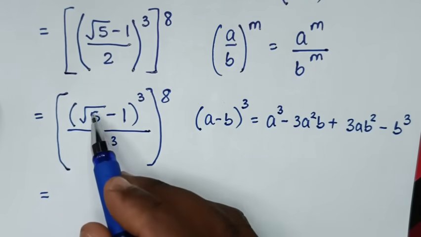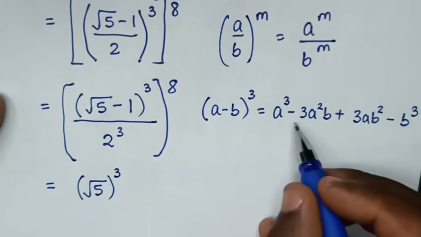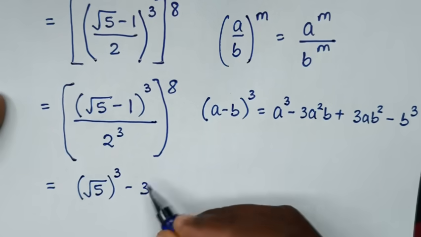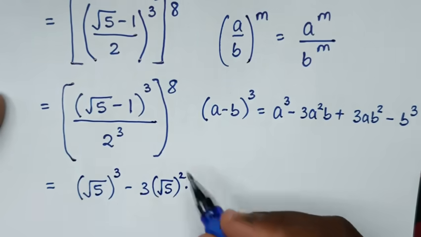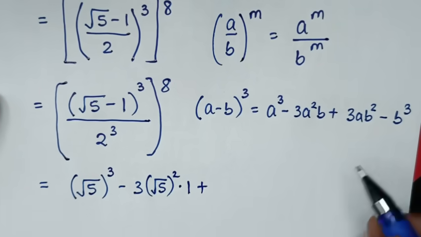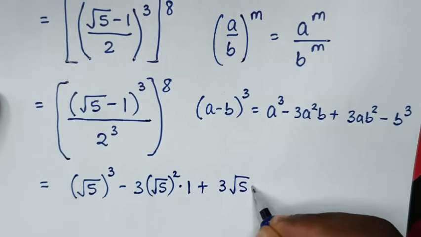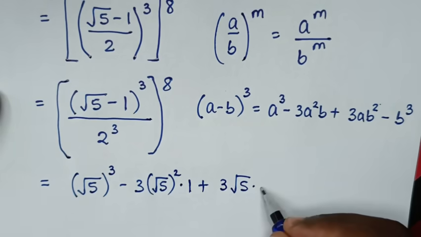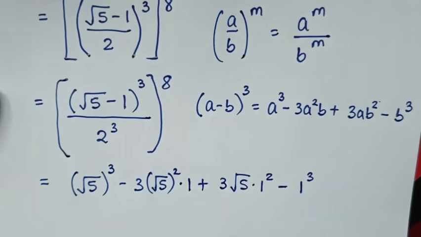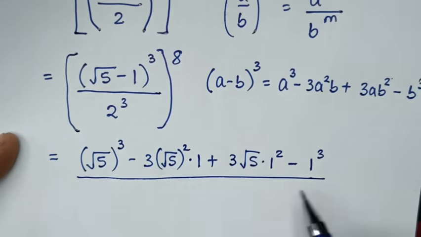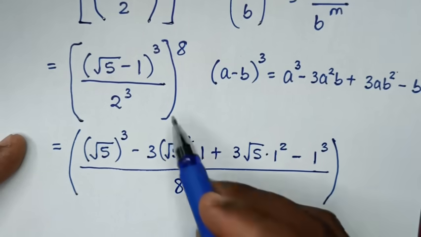So a power of 3 will be square root of 5 bracket power of 3, then minus 3a square, so square root of 5 bracket square, then times b is 1, so times 1, then plus 3a, it is square root of 5, then times b square, which is 1 square, which is 1, then minus b power of 3, which is 1 power of 3, then over 2 power of 3, it is 8, then bracket power of 8.